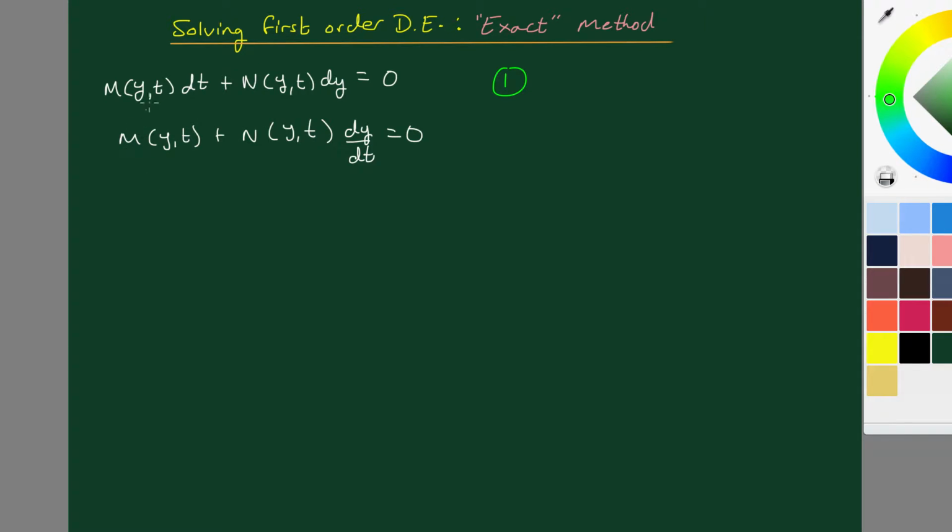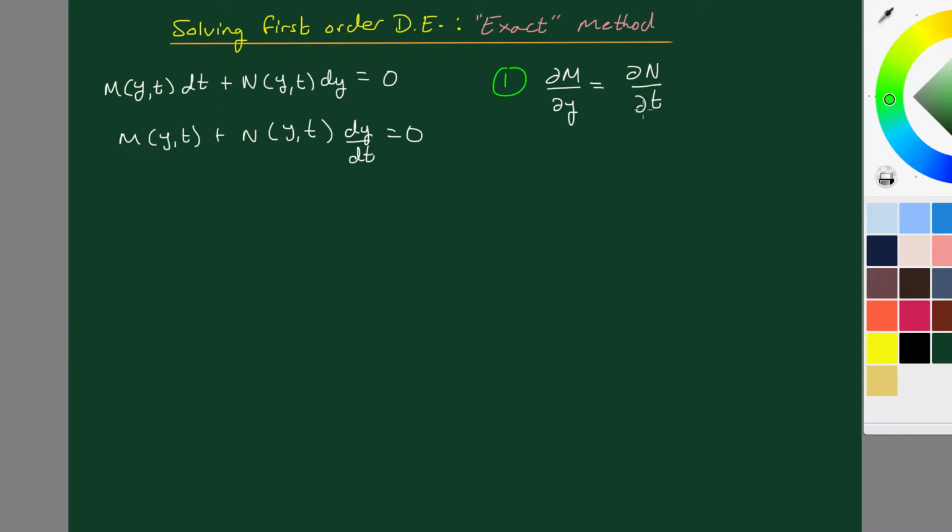So they symbolize two separate functions. And we take a look at it and we say, well, is dM/dy equal to dN/dt? Right? So we ask ourselves, is dM/dy equal to dN/dt?